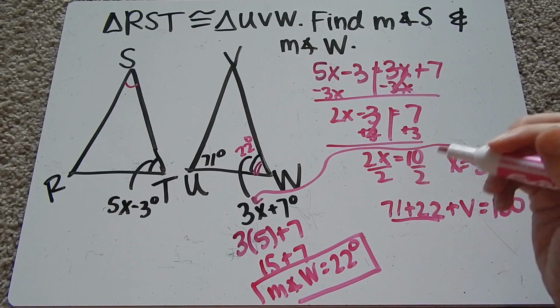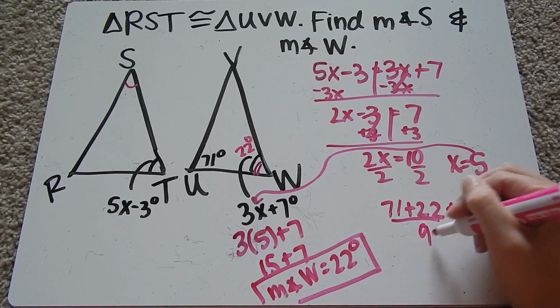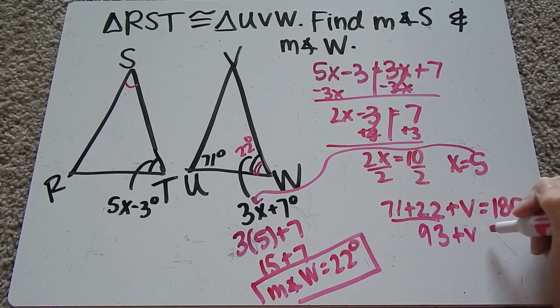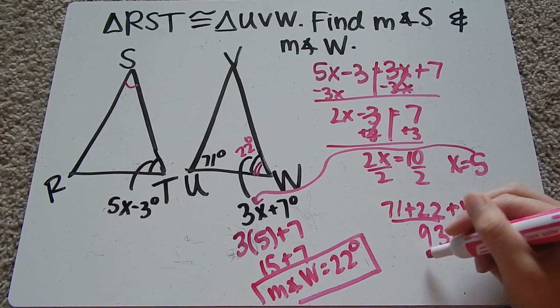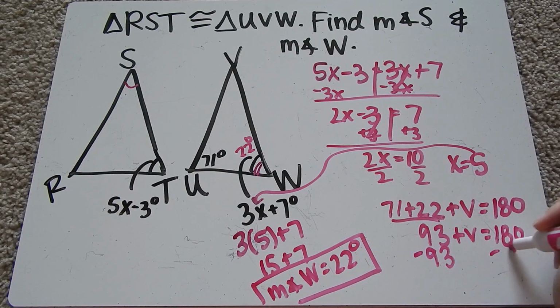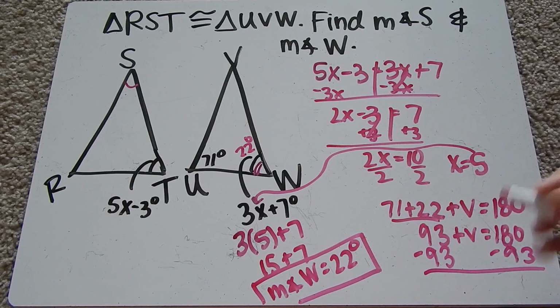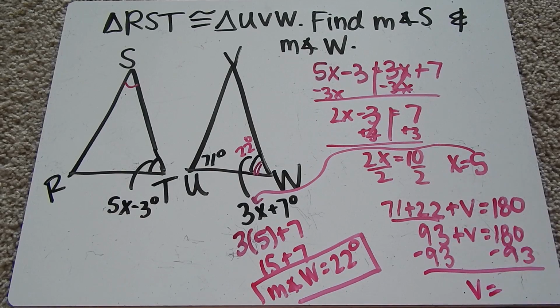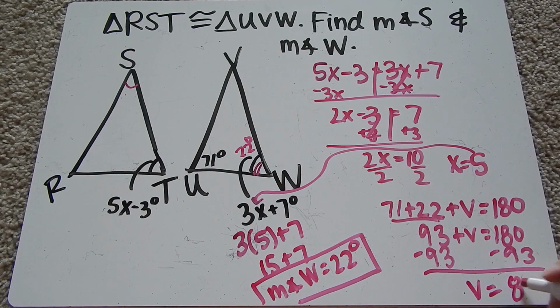Combine like terms. 71 plus 22 is 93. Subtract 93 from both sides and we will get V is equal to 87.